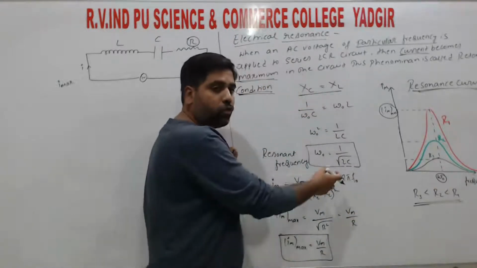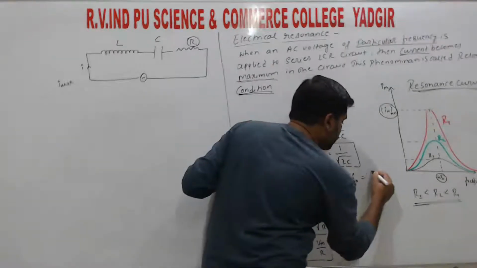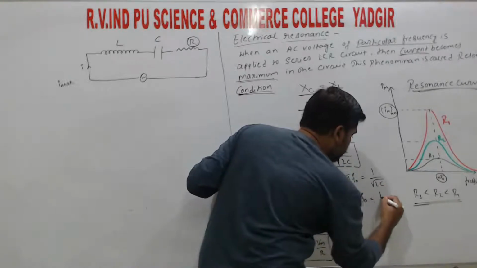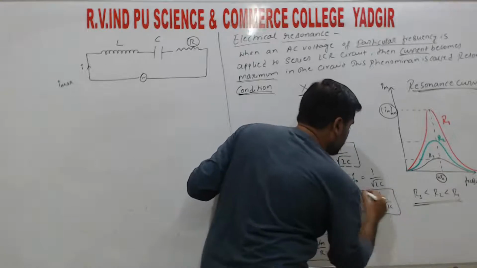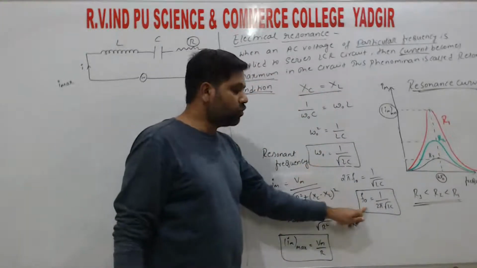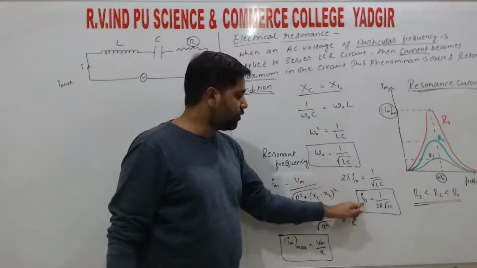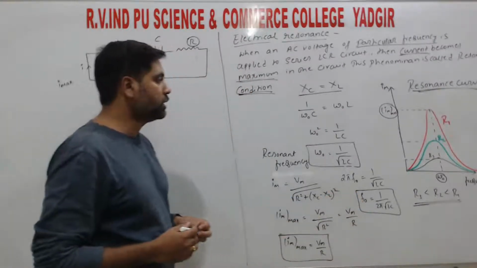So omega is 2 pi f. So omega naught we can write as 2 pi f naught, that is equal to 1 divided by root LC, and f naught is equal to 1 divided by 2 pi root LC. So this is another form, right? This is the angular frequency, and this is only the frequency, right? So angular frequency is omega naught, and normal frequency we denote by f naught. So f naught is the particular frequency, right?